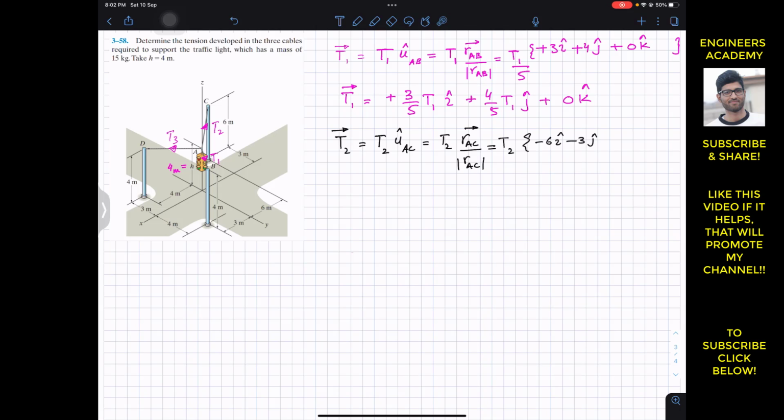Now in the z direction, as we can see that point C is at a distance of 6 meters, or we can say that point C is at a height of 6 meters and point A is at a height of 4 meters. So this means that point C is 6 minus 4 meters away from point A in the z direction.